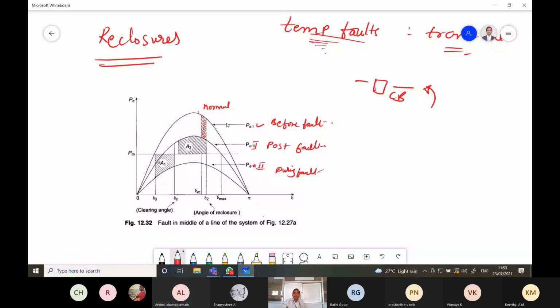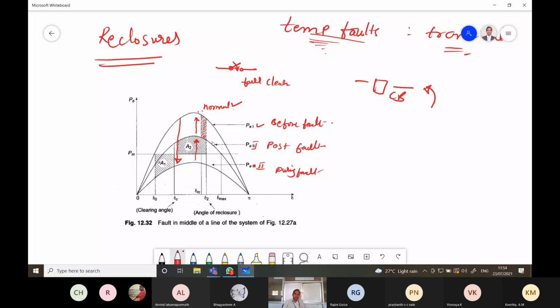So when you close the switch, auto reclosers are present. After the fault is cleared, you close the line, so immediately the power will increase to the normal position. Initially it is normal. When a fault occurs, it reduces to here. When the fault is cleared, the power will be transferred up to here.